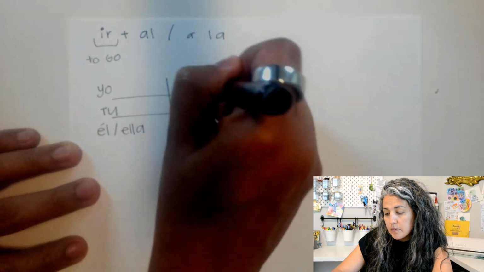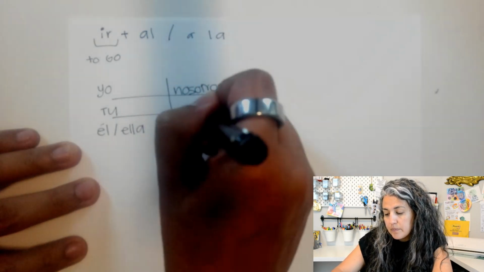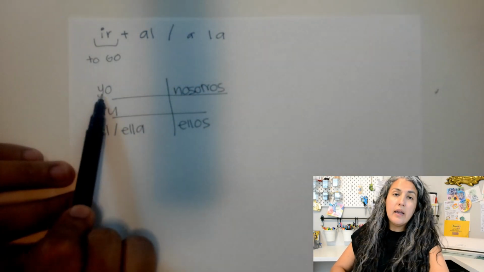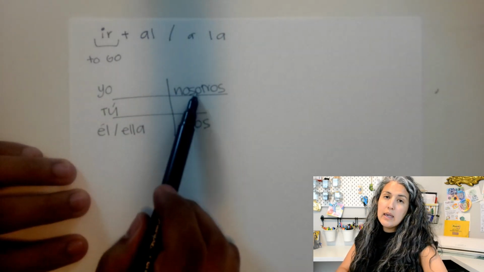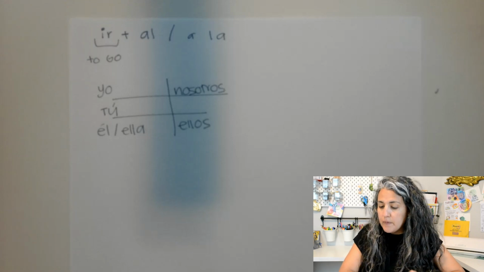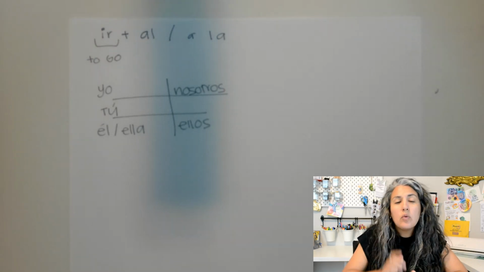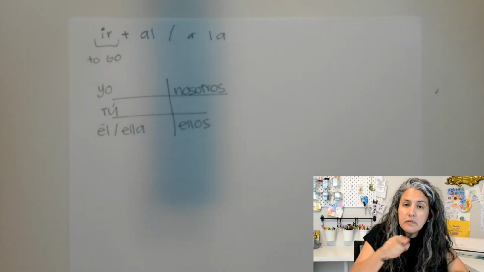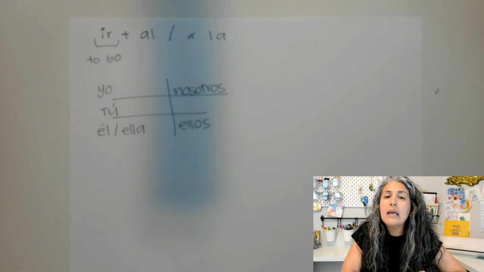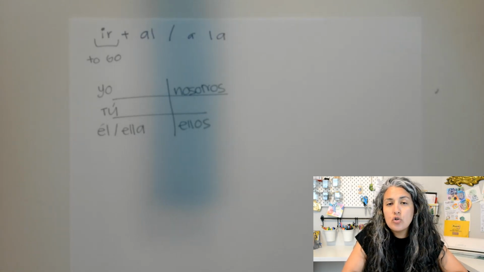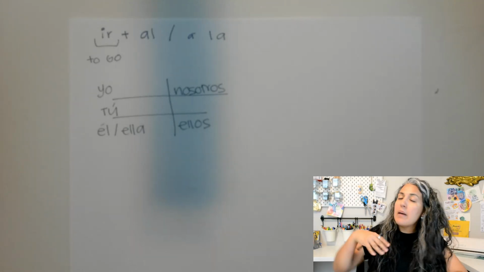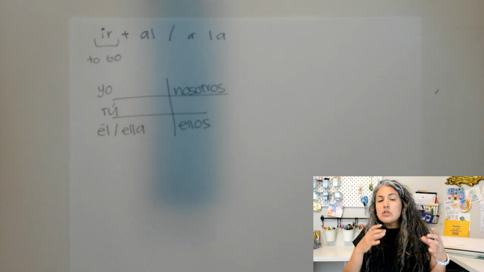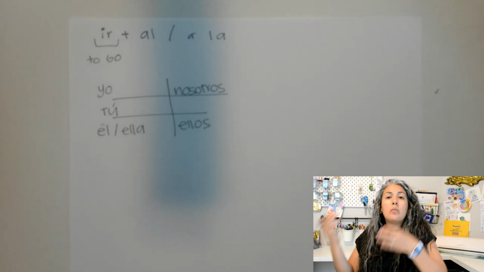Nosotros, ellos. So I, you, he or she, we, and they. Yo, tú, when we're talking to someone specifically. Él, if it's a boy. Ella, if it's a girl. Nosotros, we, I'm included. Ellos, they, them, I'm not included. So we'll conjugate the verb ir, and then we'll move from there.